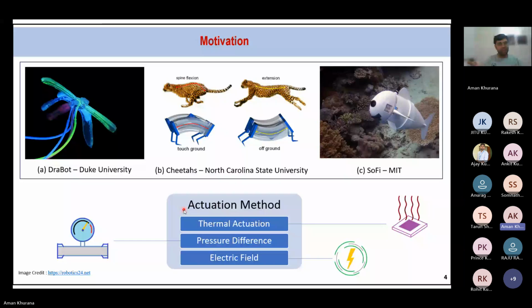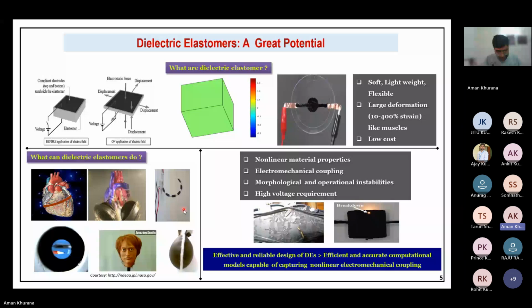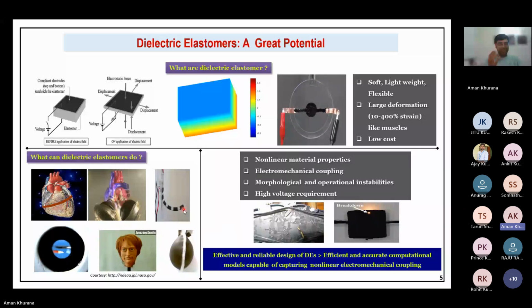So the different actuations like magnetic field, electric field, different temperature, chemicals, pressure difference, all these things will classify the soft active material into different classes. So based on the actuation field, we can have different types of soft active material. In this presentation, I am discussing only the electroactive polymer, that is dielectric elastomer.